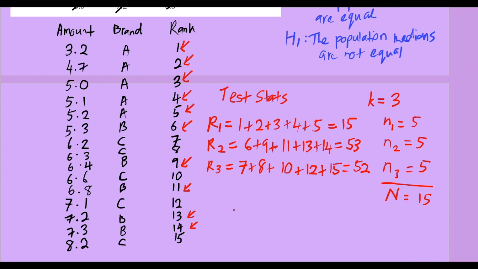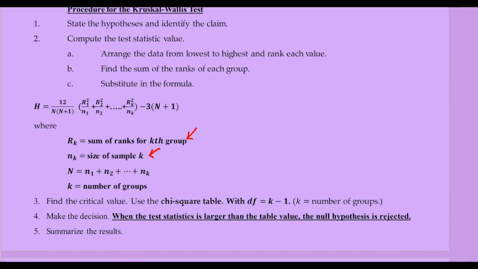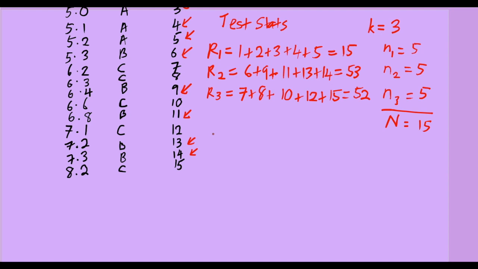And now we would be substituting all of these values into the formula for the test statistics. So this is the formula for the test statistic. The test statistic would be H equals 12 over the N here, 15, multiplied by N plus 1, which is 16, multiplied by R1 square over N1.